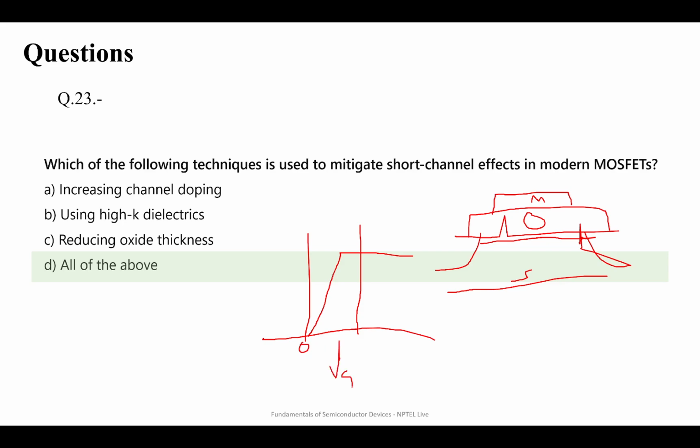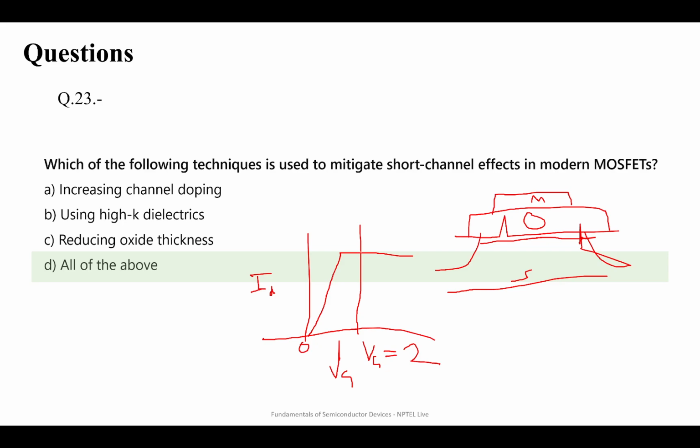So this is your VG and this is your ID. So I take 2 points. One is VG equals 0 and one at VG, let's say VG equals 2 or 1-something, where my transistor is on.